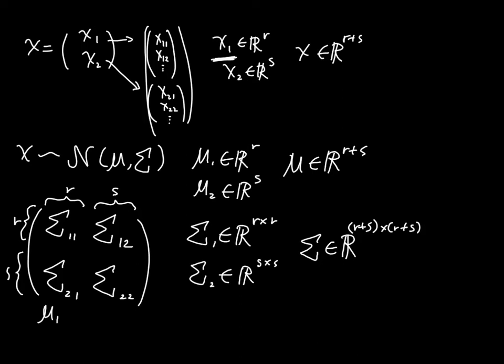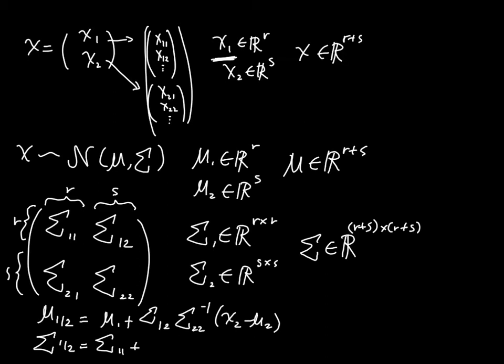The mean of x1 given x2 is mu1 plus sigma 1,2 sigma 2,2 inverse (x2 minus mu2), and the covariance is sigma 1,1 minus sigma 1,2 sigma 2,2 inverse sigma 2,1.